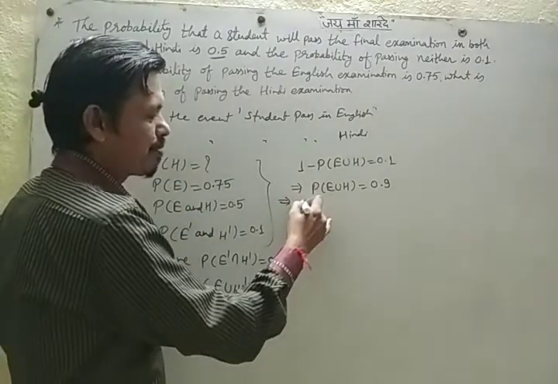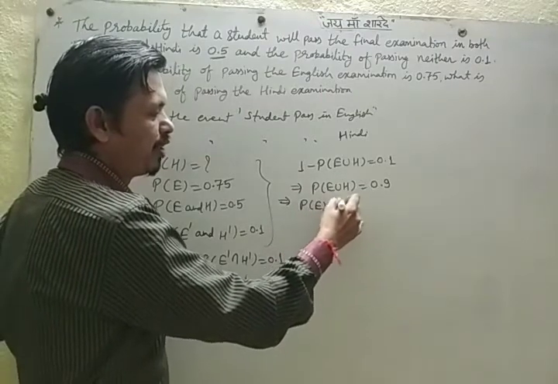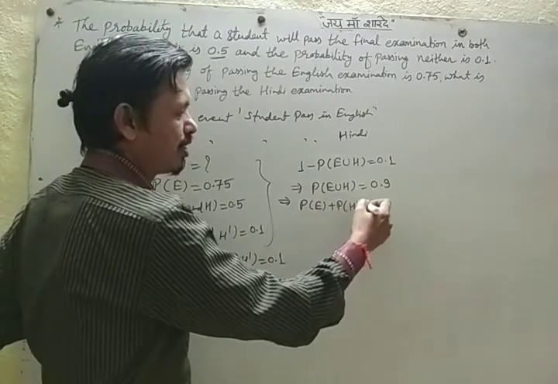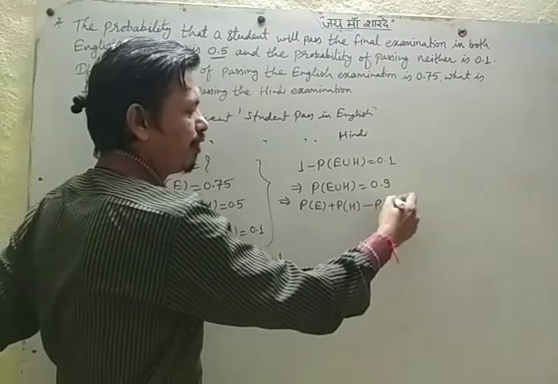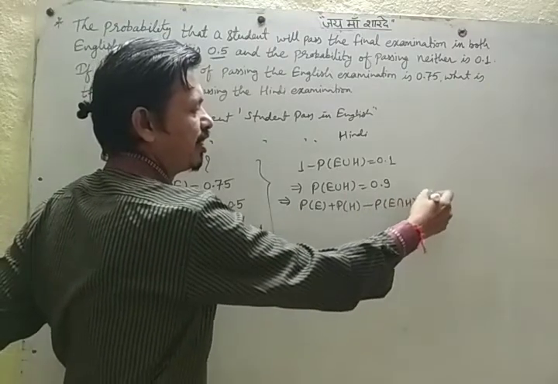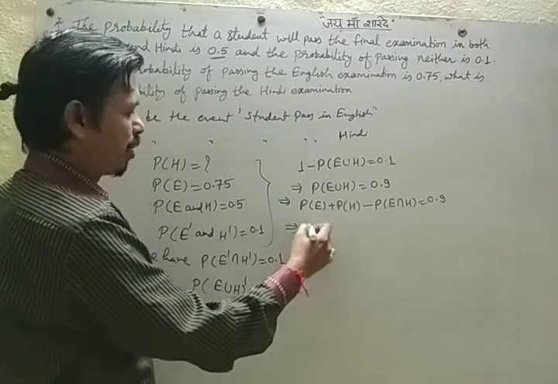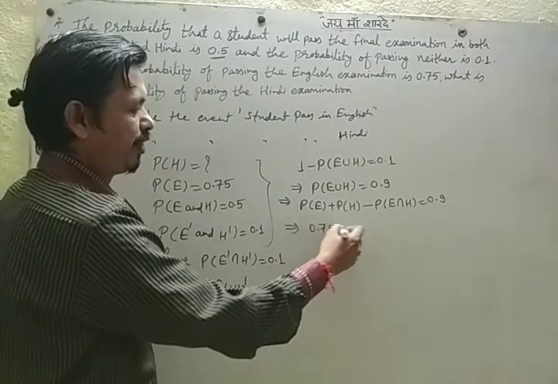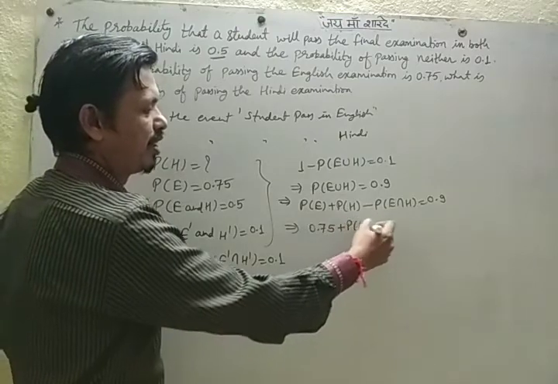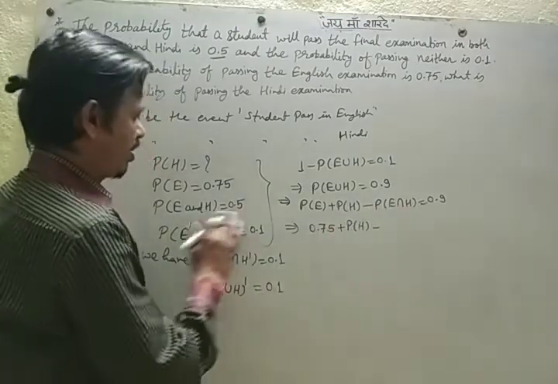This can be written as P of E plus P of H minus P of E and H is equal to 0.9. Then P of E we have 0.75, P of H is missing, and P of E and H is 0.5.